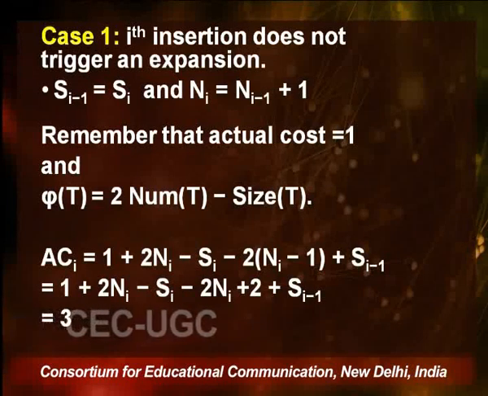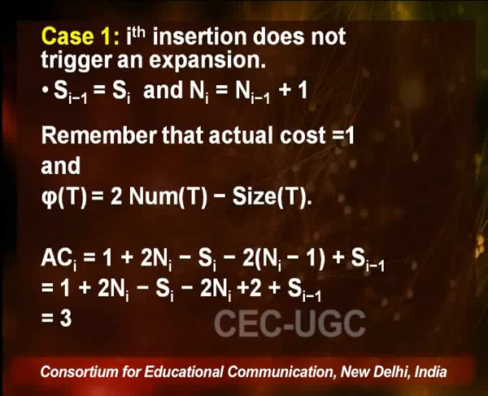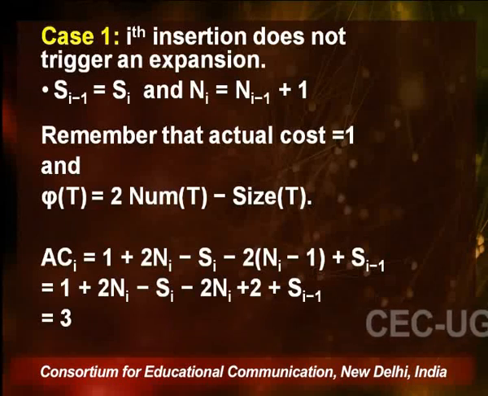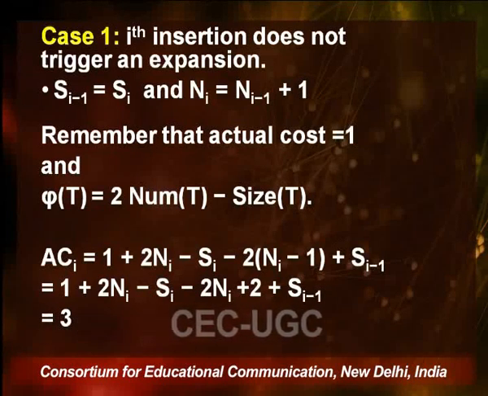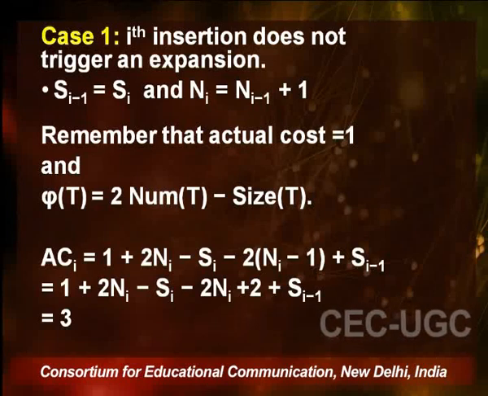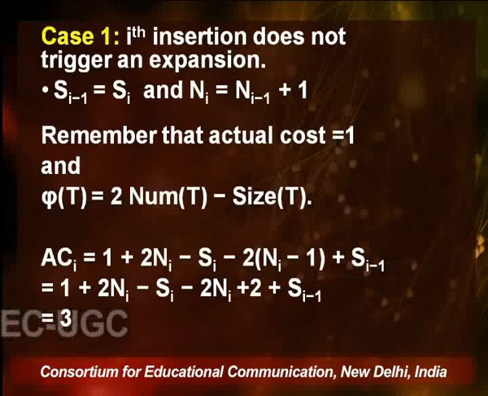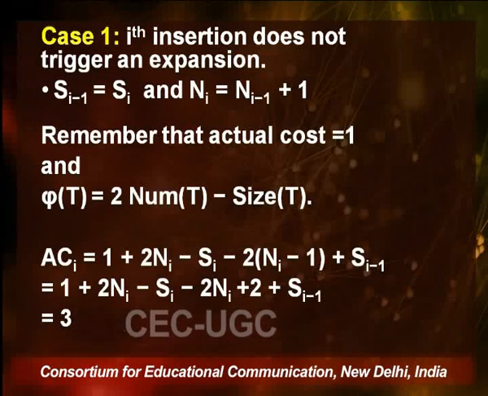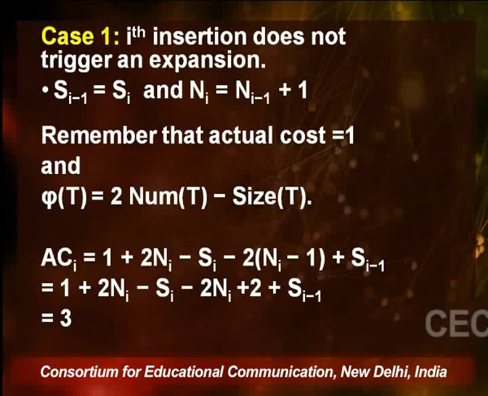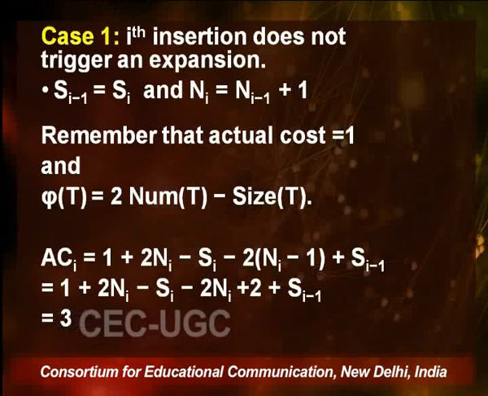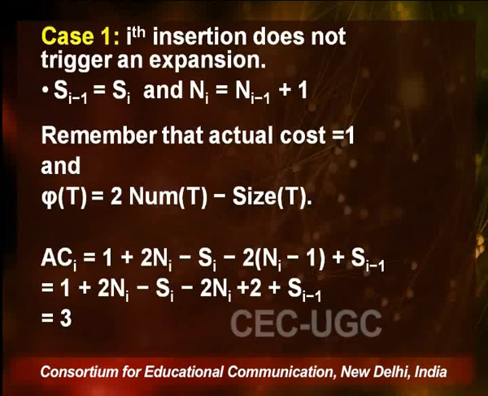So if we calculate the amortized cost, it is going to be 1, which is the actual cost, plus 2 n i minus s i, which is twice num T minus size of T after the ith operation, then minus 2 n i minus 1 plus s i minus 1, which is the potential of the data structure before the ith operation triggers.